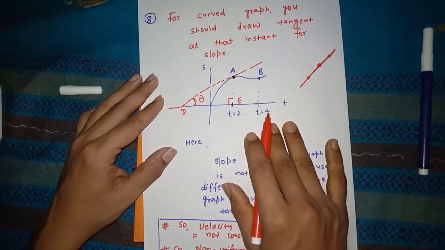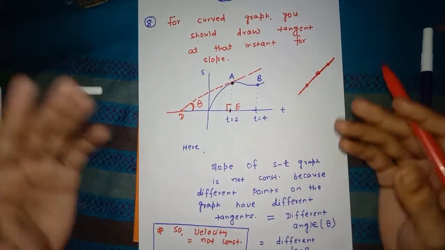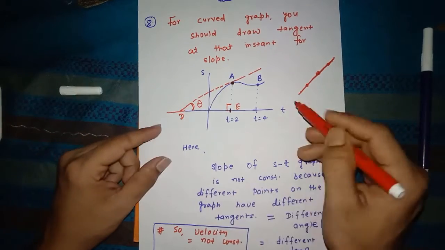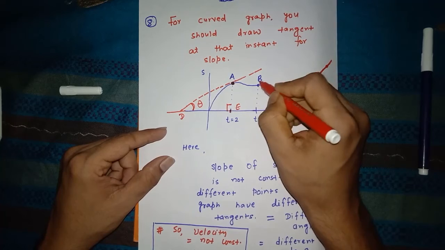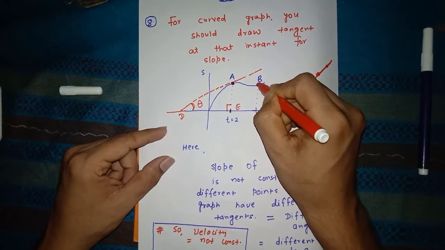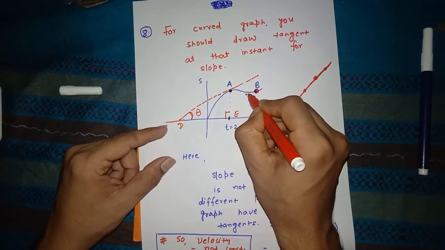Now, if somebody asks you how you can find the slope at t equal to 4, I have taken t equal to 4. This point on the graph is B, so you have to draw a tangent at this point.